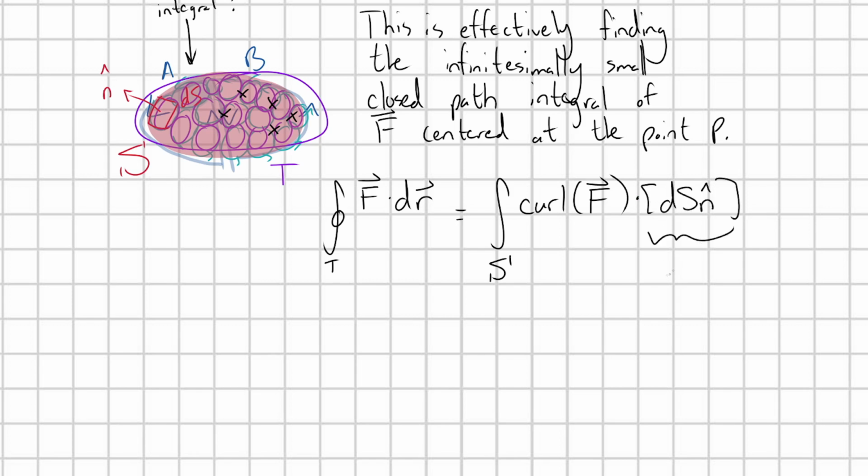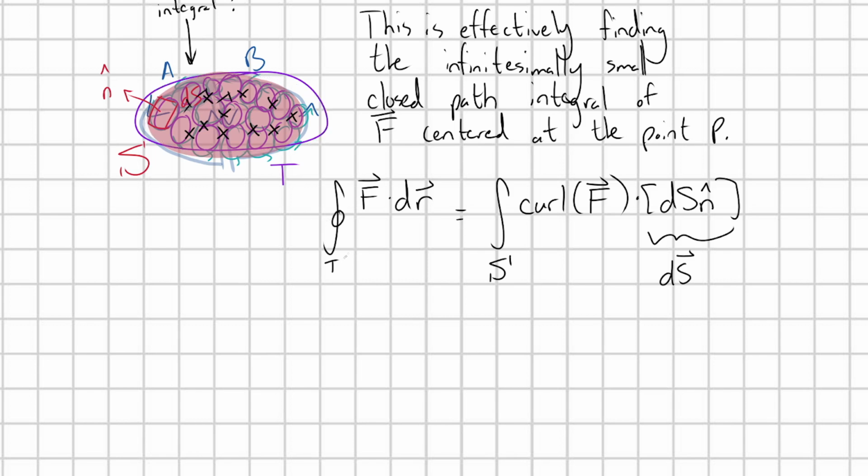Sometimes you call these guys dS, just like this, for shorthand. Because again, as I'm indicating here, if I take all of my little infinitesimally small closed path integrals and add them all together along the surface S, all of these little interior bits are going to cancel out, and I'm going to be left with just the perimeter, just the closed loop integral on the outside.